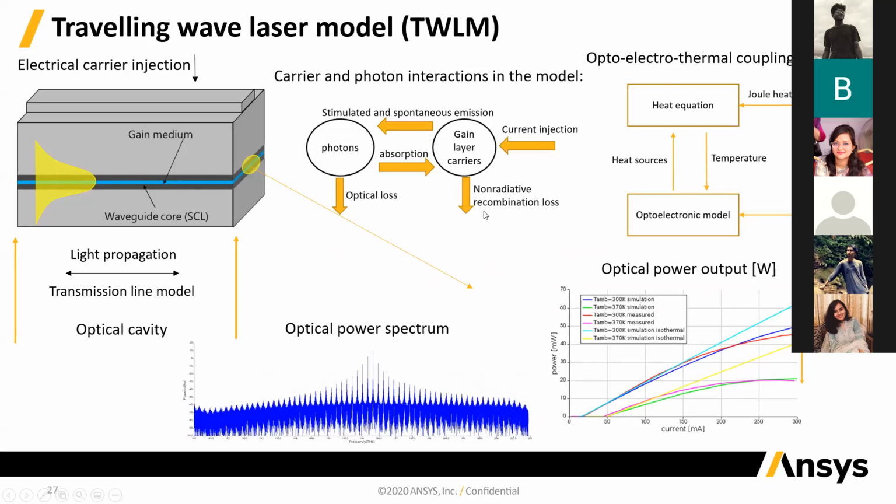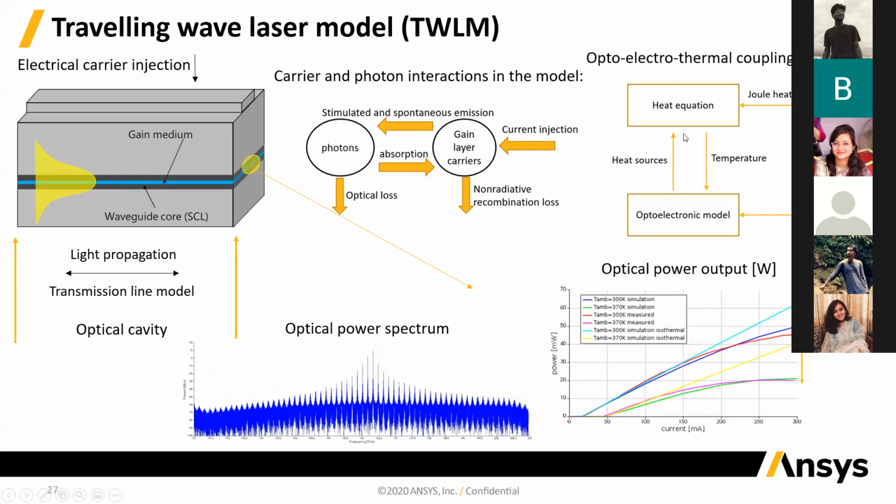You can get information about how much loss you're getting because of the radiative and non-radiative recombinations, and then using the gain layer information that goes into the model, you can figure out how much light is getting pumped out of your laser, and then you can figure out your laser output.